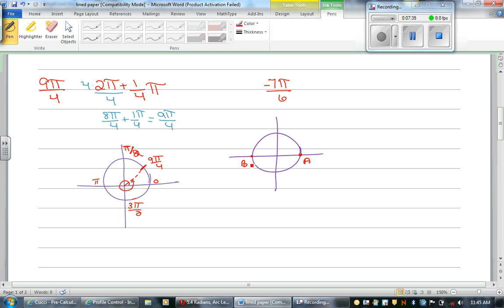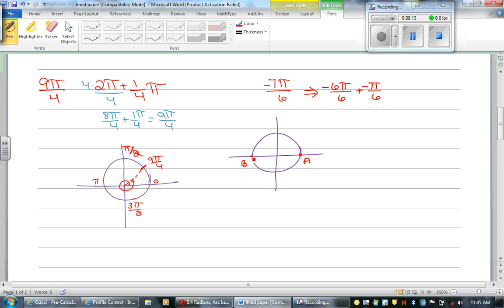We know that pi is 180, or if I'm going from here, I can think of pi as 6 pi over 6. So what I would need is another 1/6 of a pi to get myself to 7 pi over 6. We can make those both negative, so that works out. Remember, I'm going clockwise.